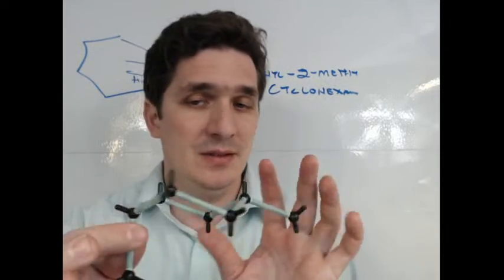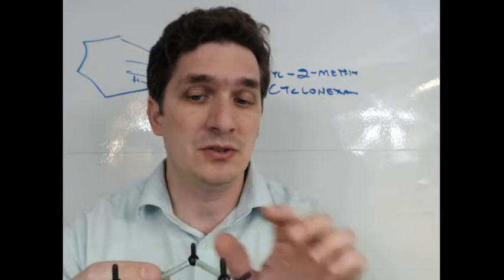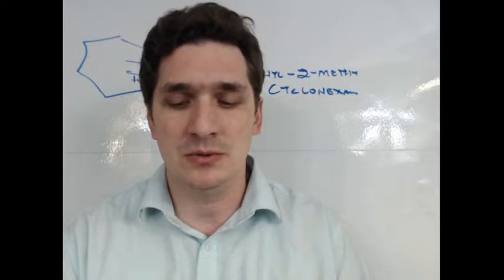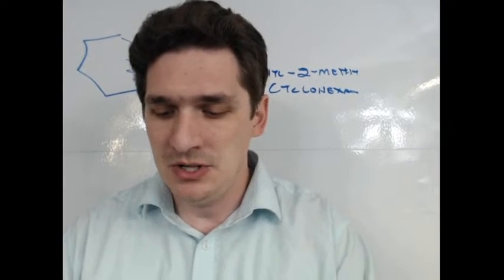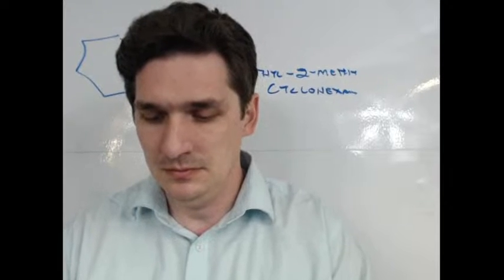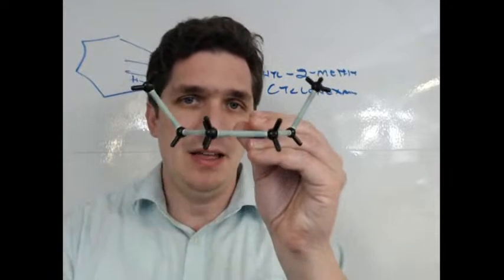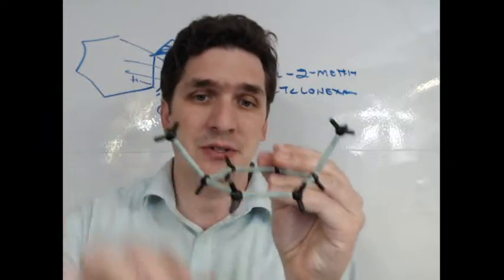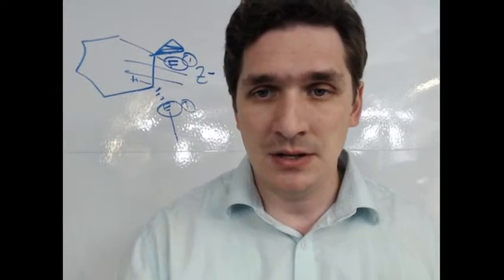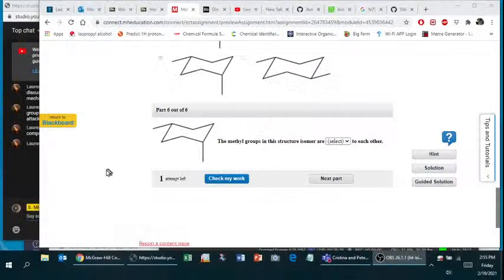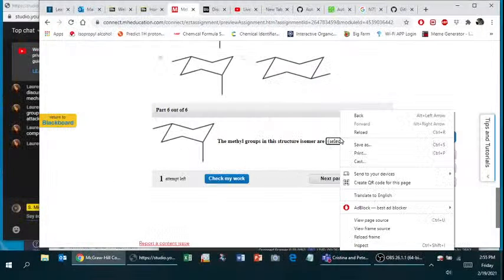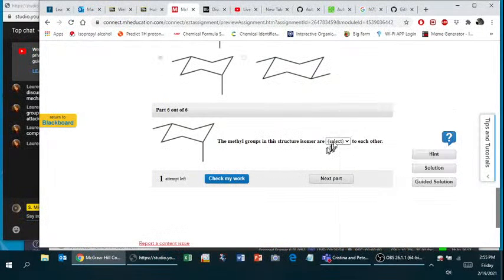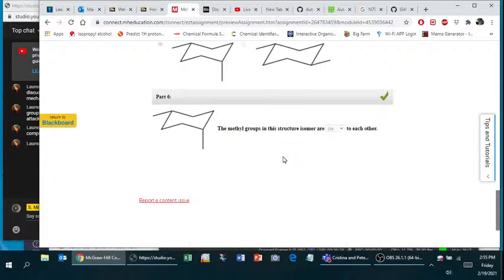Honestly, by rotation, you can put them wherever you want, as long as they're the correct number of carbons apart, one's axial, one equatorial. But if I end up crushing it down, I see that they're both cis to one another. So in terms of what these are relative to each other, these are both cis, and that's it.